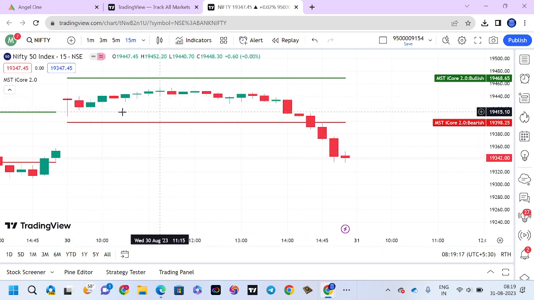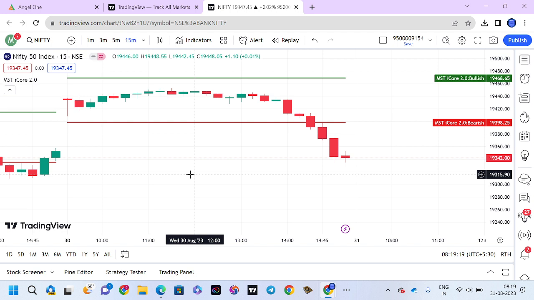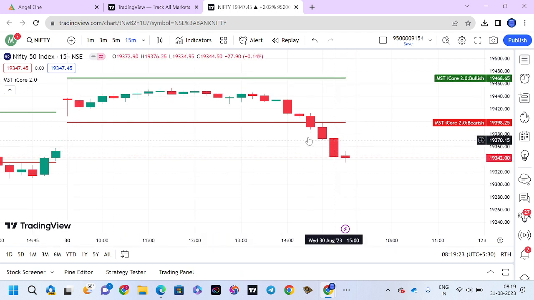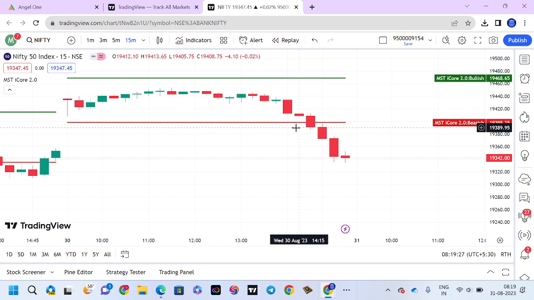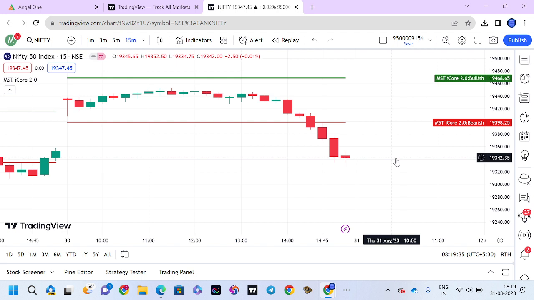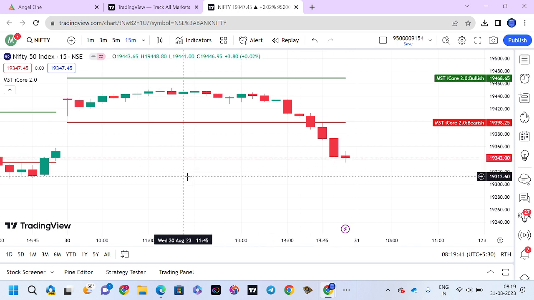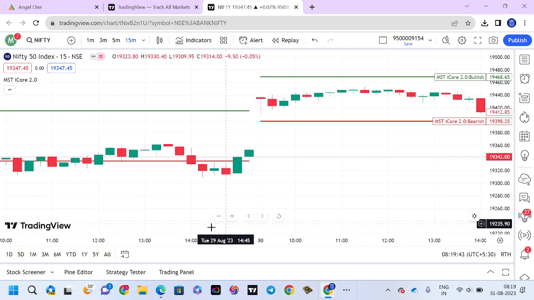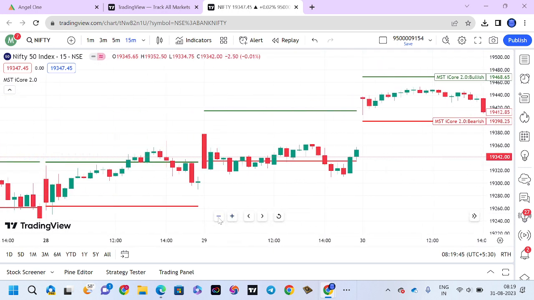This zone will tell you from where the market will get momentum. Whenever this bearish zone is broken, see, it is perfectly broken, the candle has closed below and the low of that candle is broken. So now it will give a 50% retracement, and perfectly it has given. So now we have taken the 19,400 put option and we have got very good profit. The thing is, you have to have patience, you have to wait. Clear?